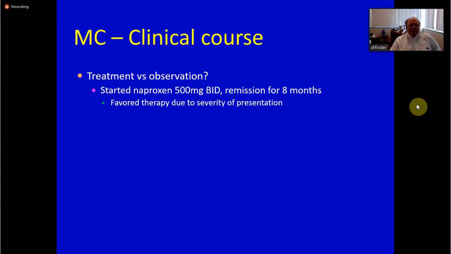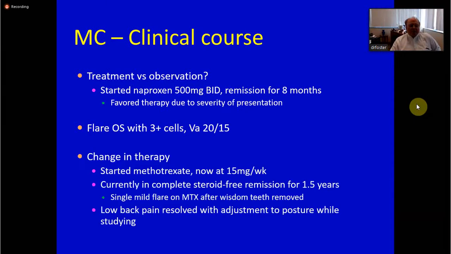Now, what about patients with choroiditis? I treat them the same way as anterior uveitis patients too. I get them quiet. If I need to use systemic drugs, I'll do it. In this case, I used naproxen first, but then moved along to methotrexate, low dose, 15 milligrams once a week.